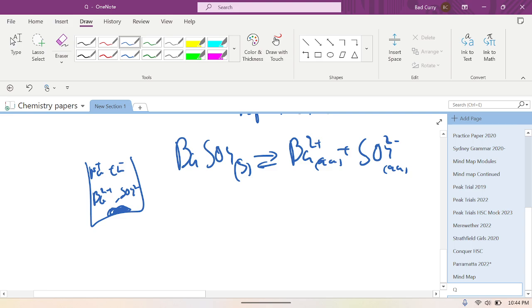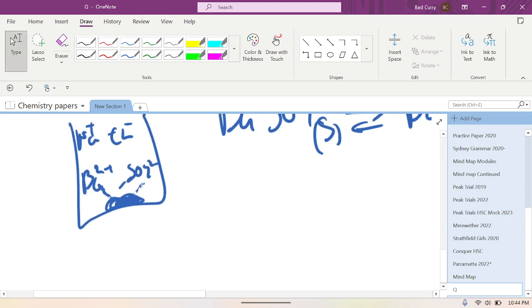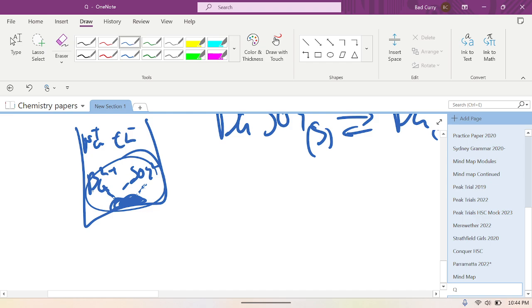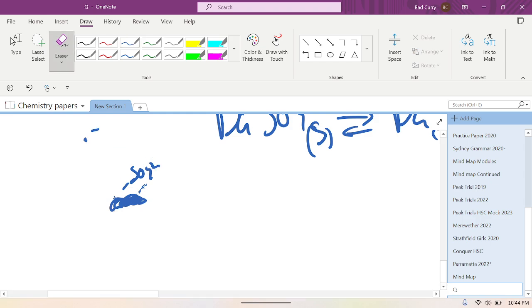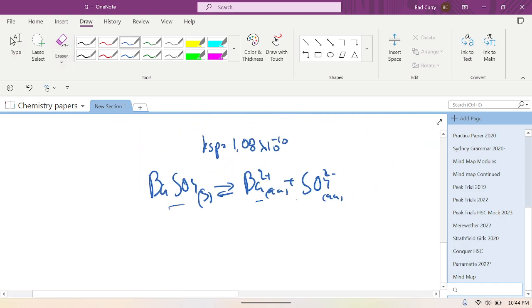You have microscopic movement with macroscopic constancy, so it'll be a dynamic equilibrium between these. You have some of this and some of these, and you have to figure out how much you're going to have of each, or at least these anions.